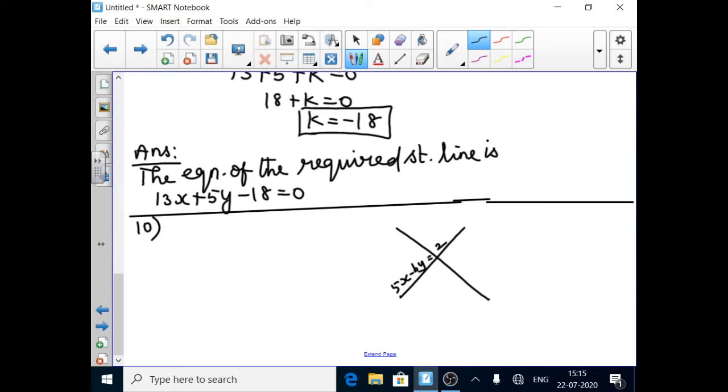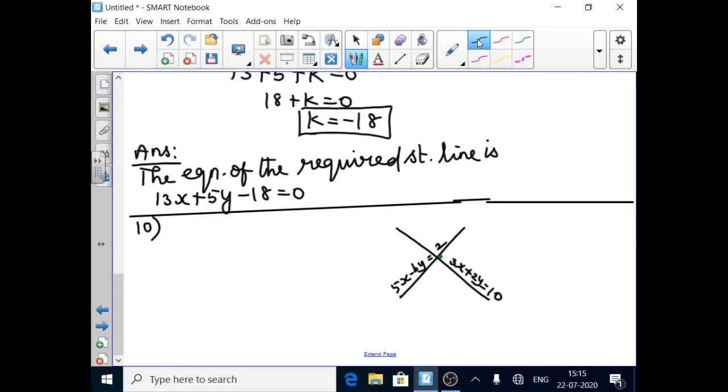This is the equation of the first line. The equation of the second line is 3x plus 2y is equal to 10. The point of intersection we mark like this.